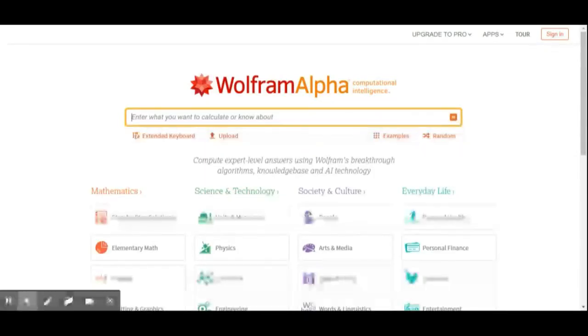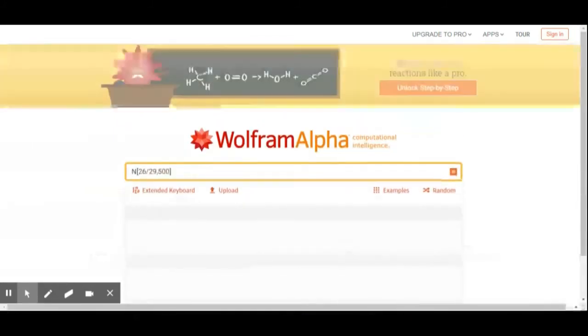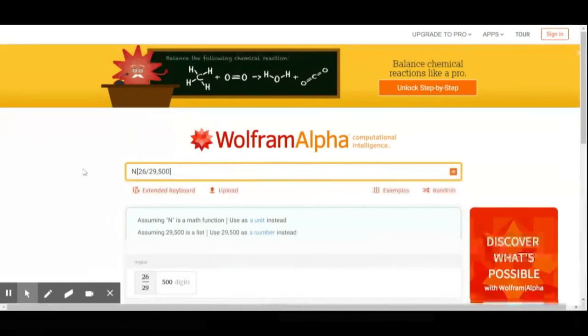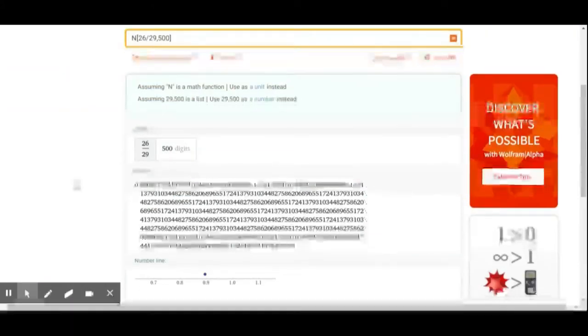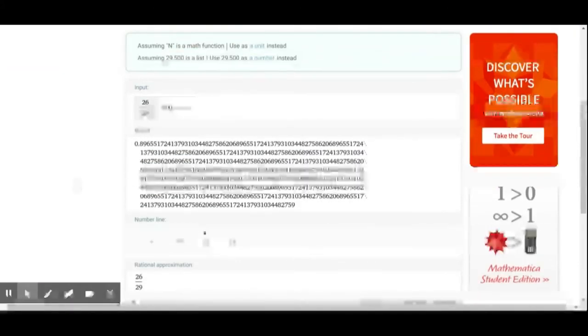Okay, so again, I want to use that website Wolfram Alpha to look at the decimal for the fraction 26 over 29. And you know what? Let me go out to like 500 decimal places. Okay, here's what I want to see if you can do.